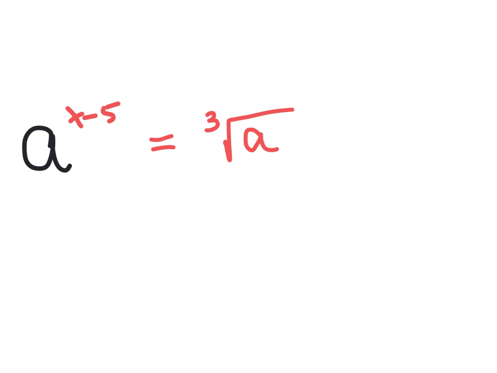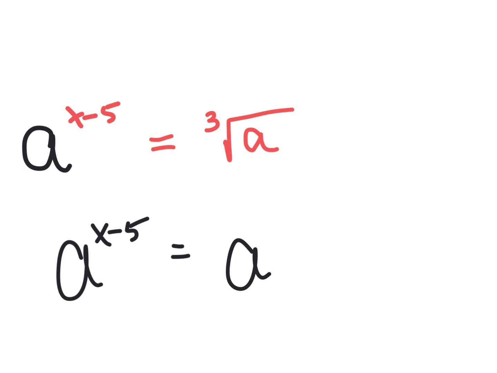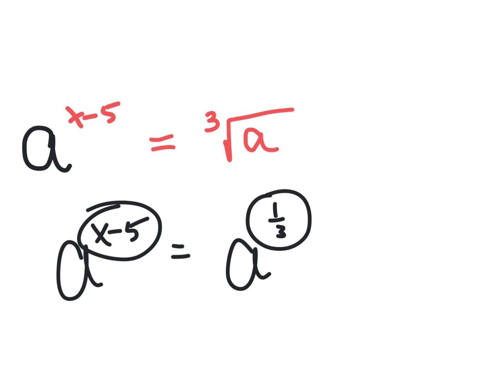Hint, the right side can be made into a to a power. A to the 1/3. Did you remember that? Cool. Then x minus 5 equals 1/3, and that feels like an equation that I could solve.